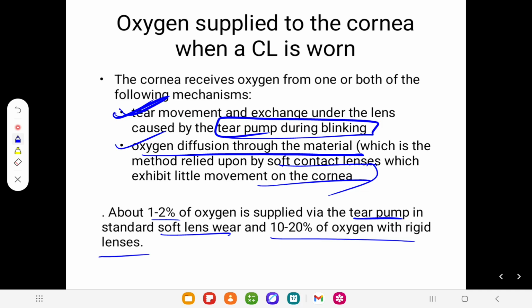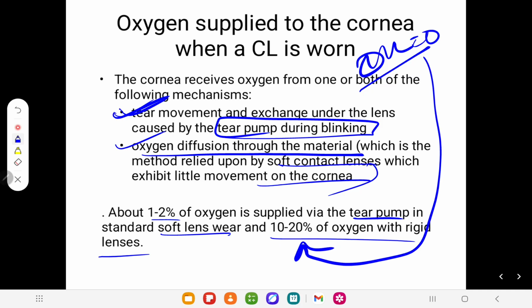No, because PMMA has a Dk of zero. We cannot rely on a good fitting PMMA lens, because with PMMA material we would have to rely only on that 10 to 20% oxygen from the tear pump. And then what? We will see catastrophic corneal changes secondary to hypoxia, isn't it? Yes.